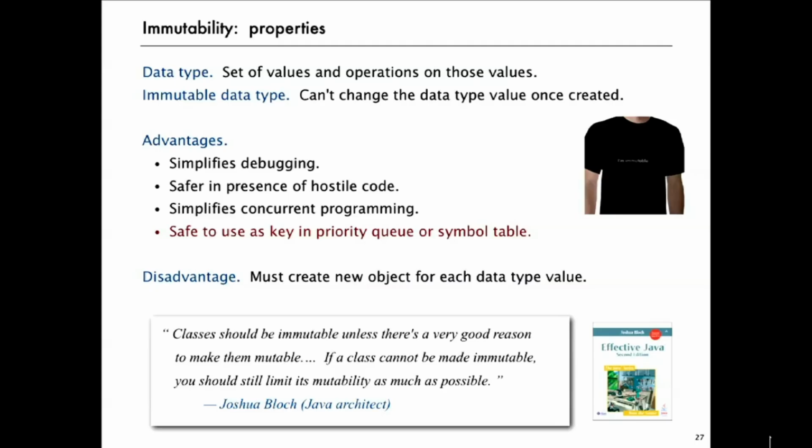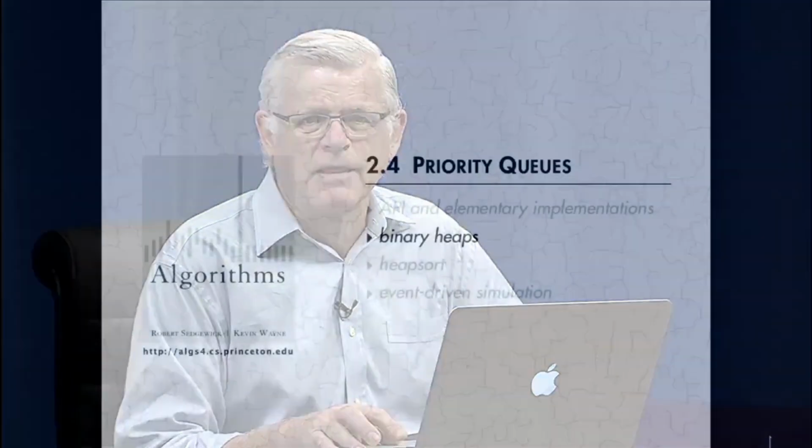If a class cannot be made immutable, you should still limit its mutability as much as possible. And many programmers live by that kind of precept. So that's a basic implementation of priority queues using the heap data structure represented as an array.